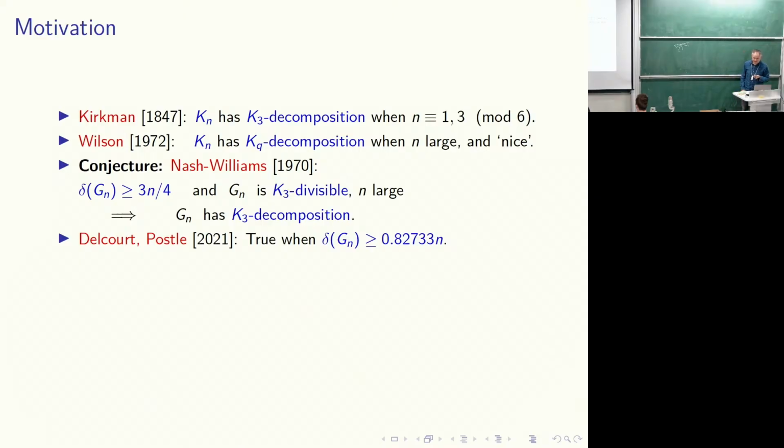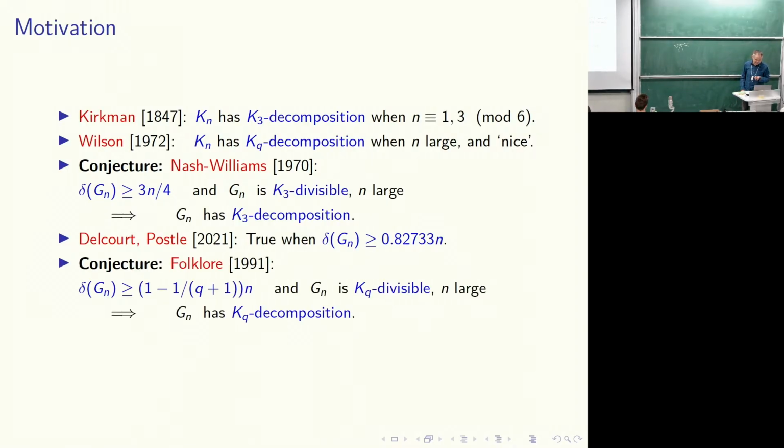The current best bounds are due to Delcourt and Postle, who proved that if the minimum degree is at least 0.28n, then there is a triangle decomposition, certainly assuming all the really nice conditions happening. And there were some interesting events recently about the generalization.